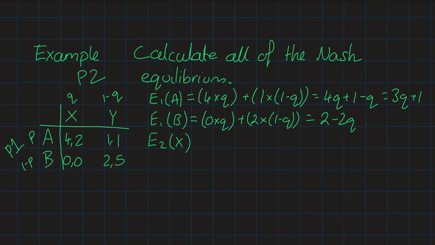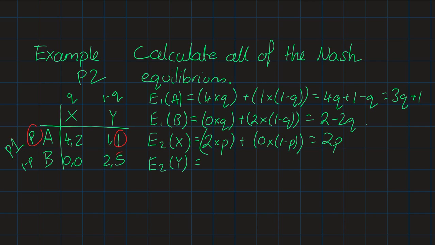So let's keep going with the expected payoff for player 2 if player 2 chooses X. Now if player 2 chooses X, they're going to win 2 points P often and 0 points 1 minus P often. So that's 2 times P plus 0 times 1 minus P, which is simply 2P. And finally, E2 of Y: if player 2 chooses Y, they're going to win 1 point P of the time and 5 points 1 minus P of the time.